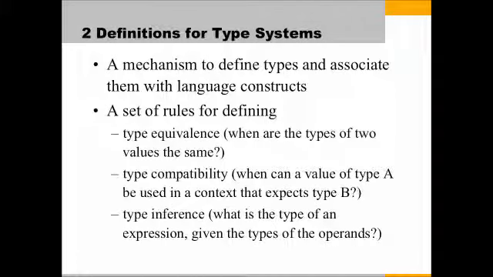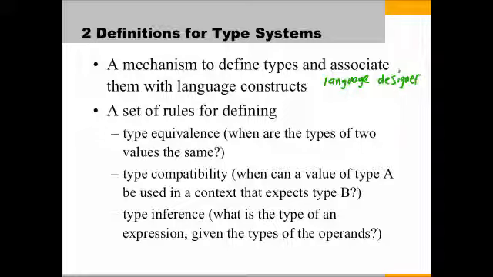So now that we've talked about types, we're going to move on to type systems, which is something that the compiler writer needs and also the language designer needs. So we have two different definitions for a type system. The first is going to be most useful for a language designer, and it is a mechanism to define types and to associate them with language constructs.